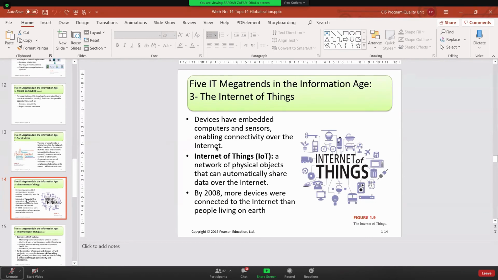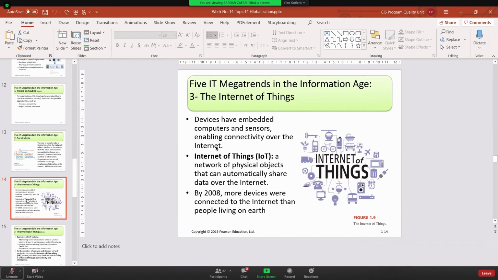If you have already paid, the barcode is read there, so automatically things will happen for you. Automatic door opening when sensors identify you. There are so many examples, and this is the era of Internet of Things.